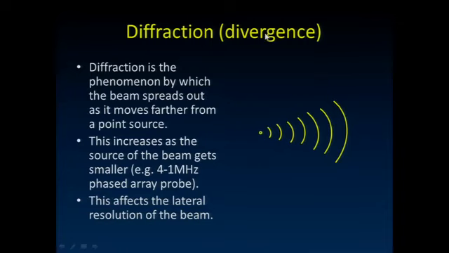Diffraction also occurs with ultrasound. Although when we send out an ultrasound beam, we would really like it to travel along that thin pencil-like beam that we have, as it goes deeper and deeper, it tends to diverge or to diffract.